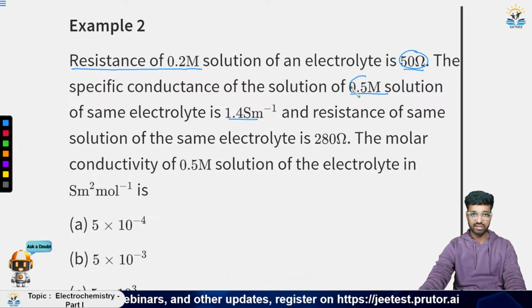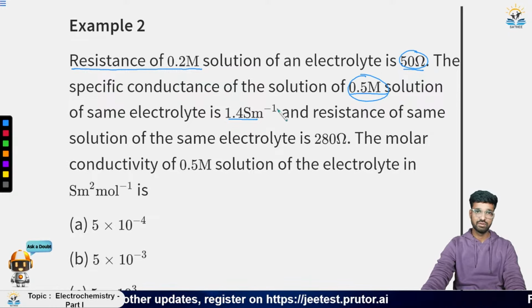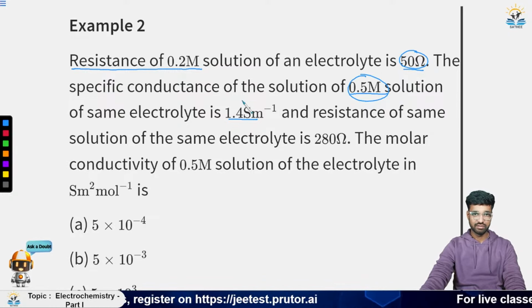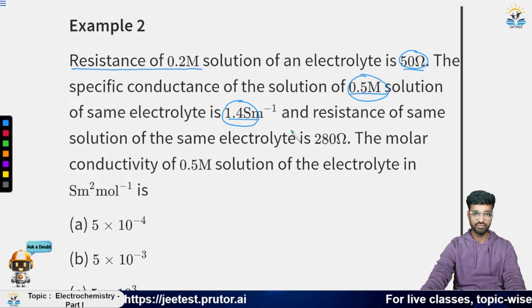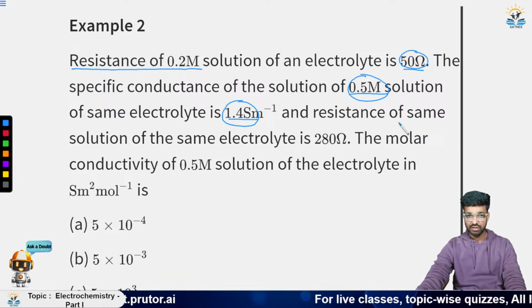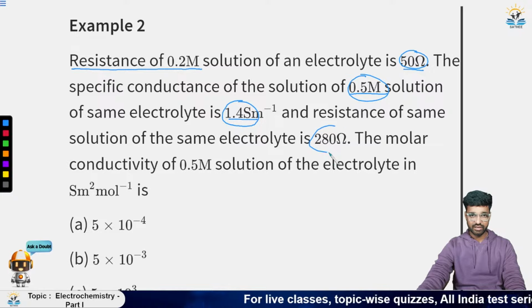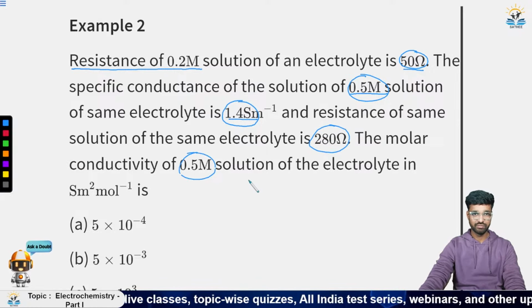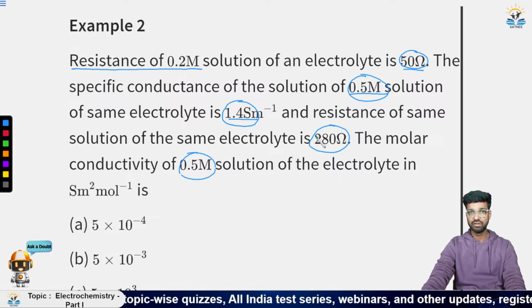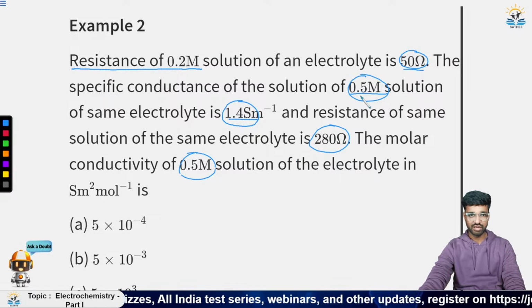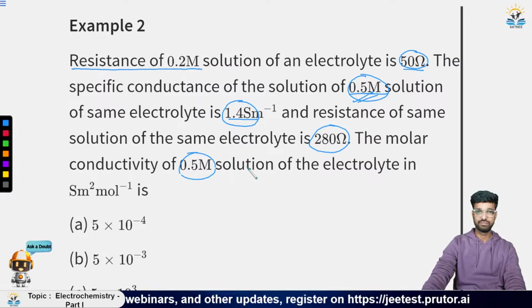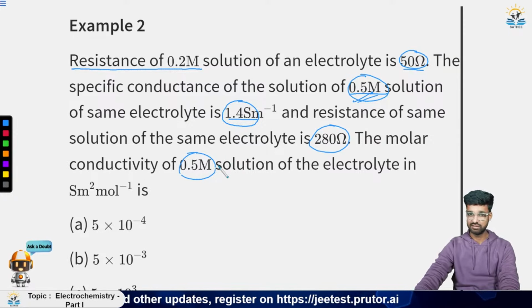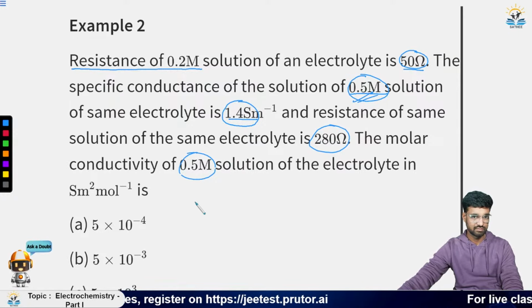The second, of the same electrolyte, is 1.4 molar, and its resistance is also given. We have to calculate the molar conductivity of the 0.5 molar solution. These are the options we have.